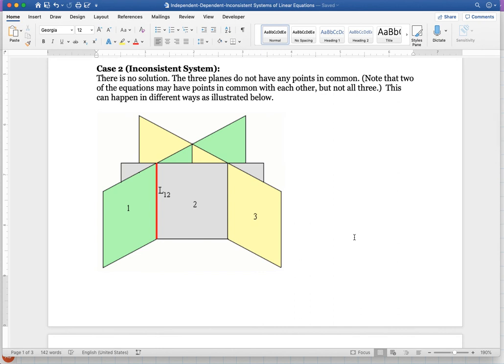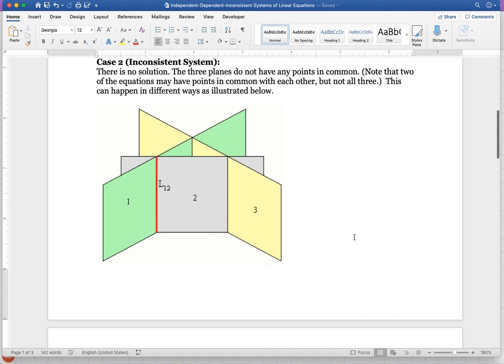Here is a situation where the three planes intersect each other in such a way that every pair of planes intersects along a line, and the three lines of intersection corresponding to the three pairs of planes are all parallel to each other. Therefore, the three planes altogether do not have common points.